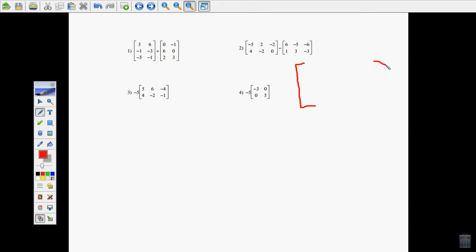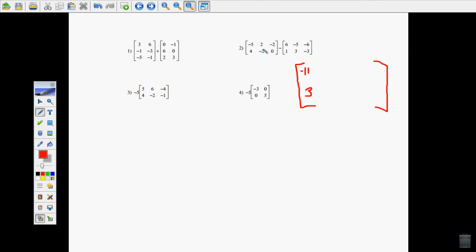So when we're doing matrices, you got to check your dimensions, make sure there are 2 rows and 3 columns, which there are. And when you go to subtract, take -5 and go -6. And so that's why we're going to have a -11 right here. Then we can do 4 minus 1, and we get a +3 right here.